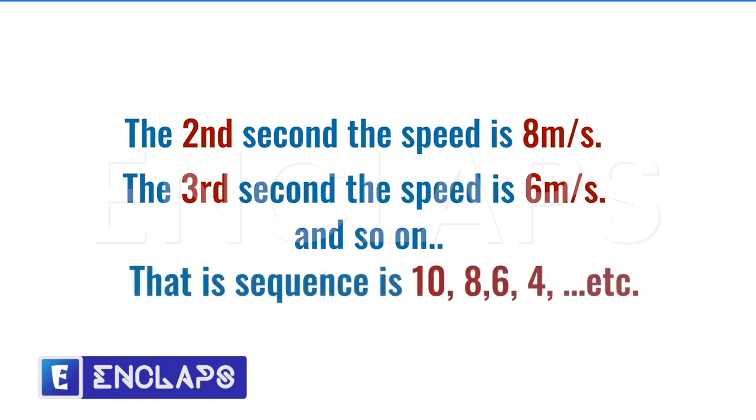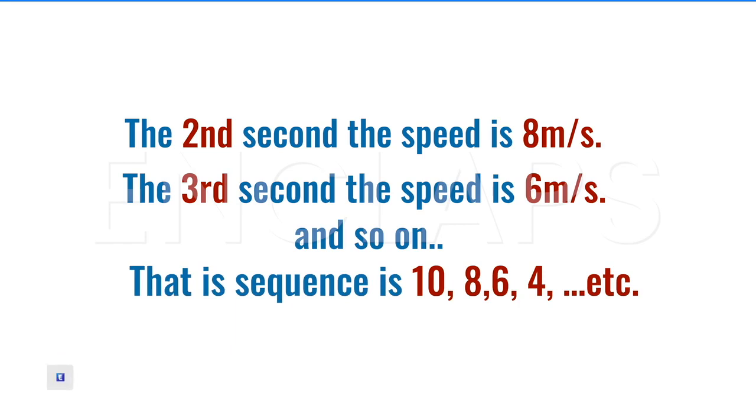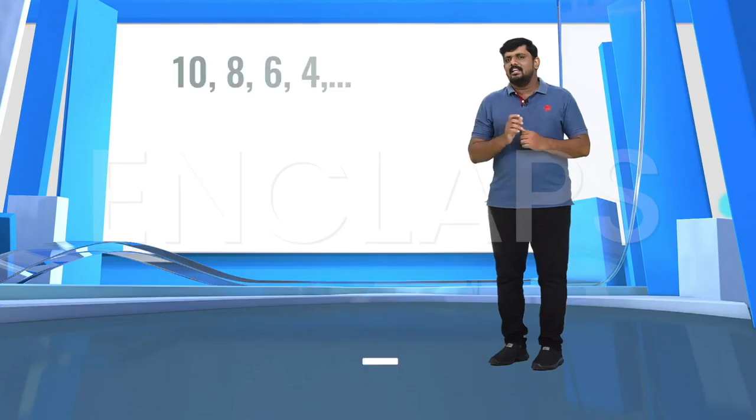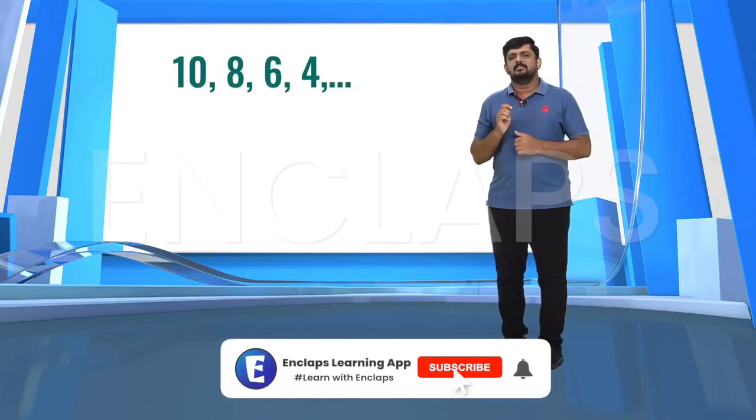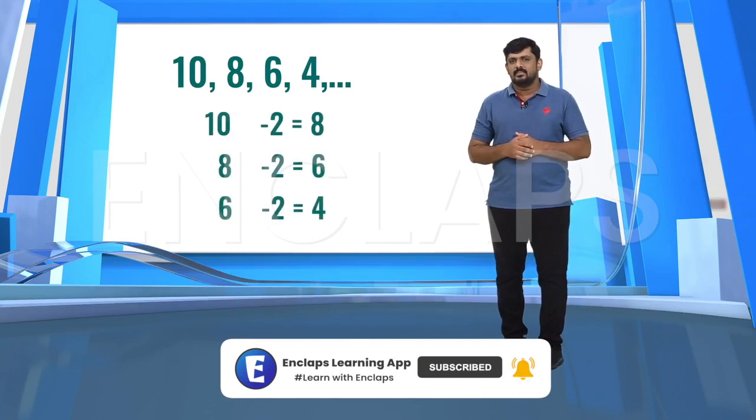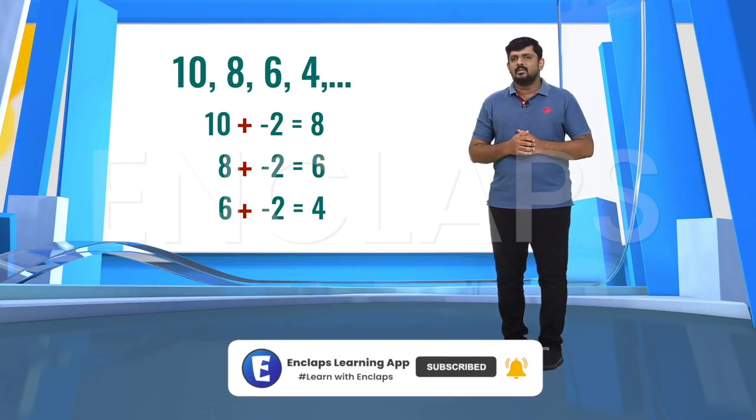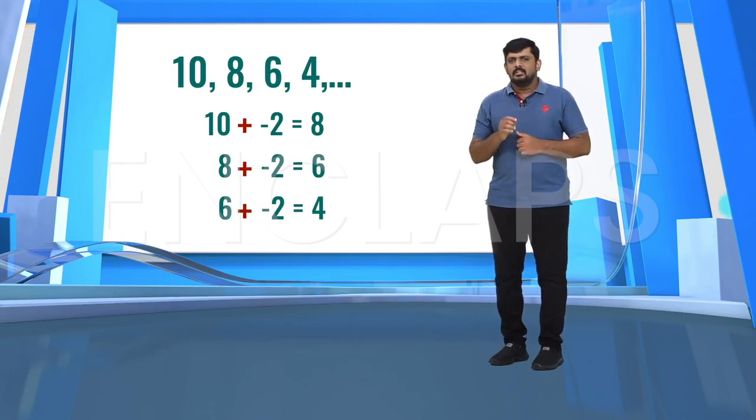That is, the sequence can be written as 10, 8, 6, 4, etc. Here each of the terms is obtained by subtracting 2 continuously. Subtracting 2 continuously is the same as adding minus 2 continuously, correct? So this sequence is also an arithmetic sequence.